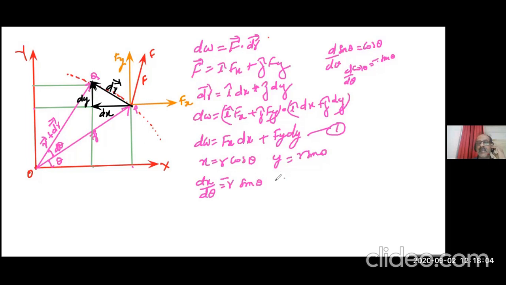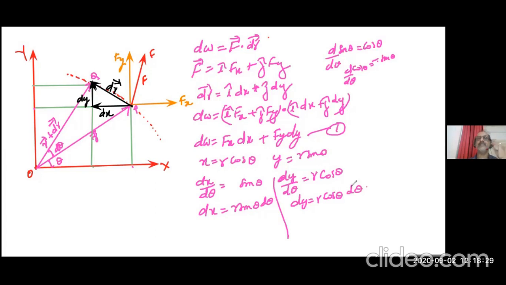Similarly, dx is equal to minus r sin theta d theta. Similarly here, dy by d theta is equal to r into d by d theta of sin theta, which is cos theta. Therefore, dy is equal to r cos theta d theta.